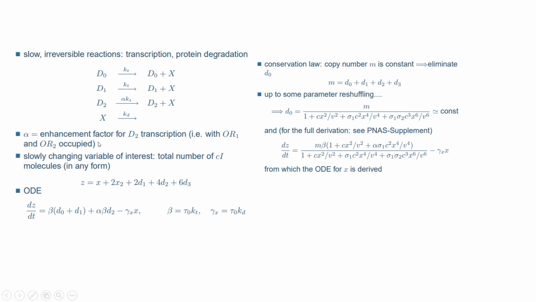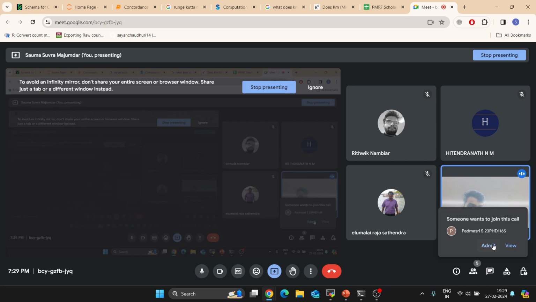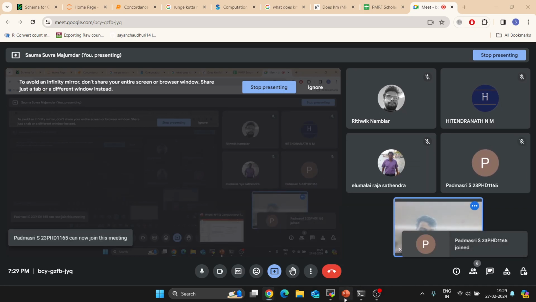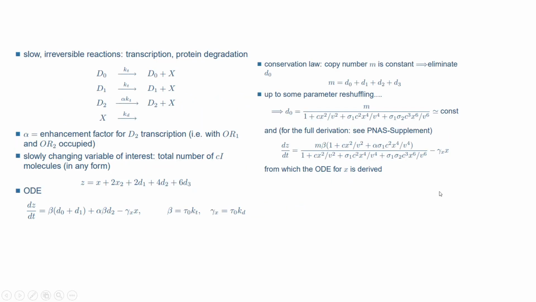And this alpha value they have considered, which is the enhancement factor for the D2 transcription.